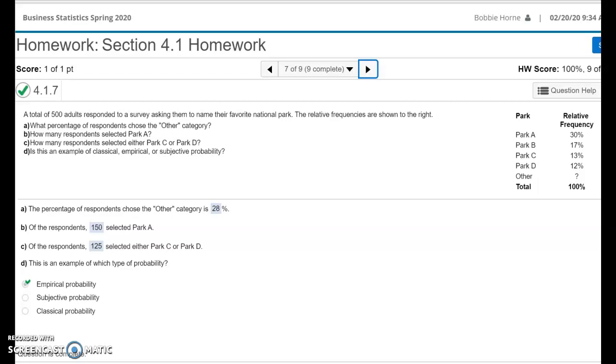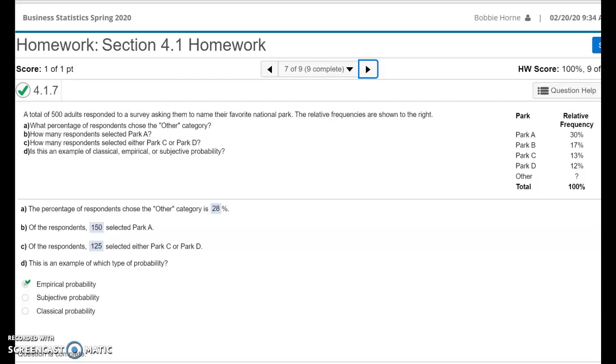For the next one, of the respondents, how many selected Part A? Well, 30% selected Part A, and we see that there are a total of 500 adults in this survey. So you have to take 30% of 500. So 0.30 times 500 is 150.